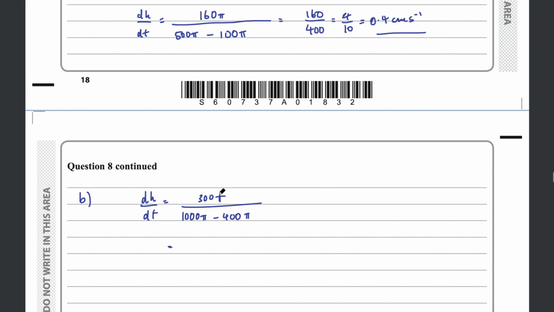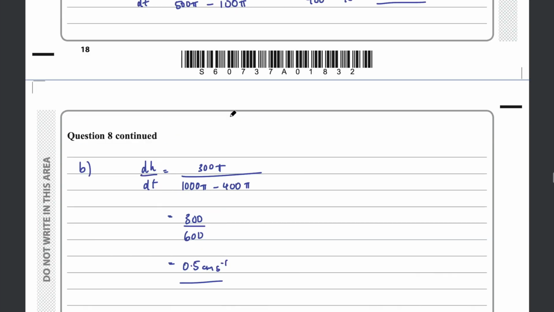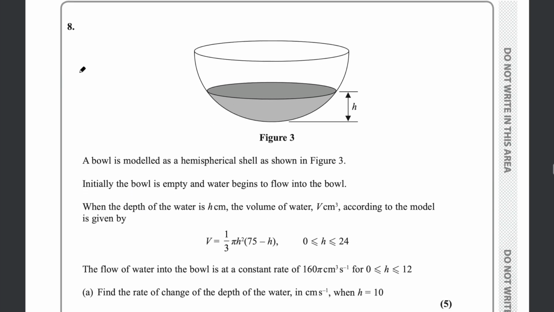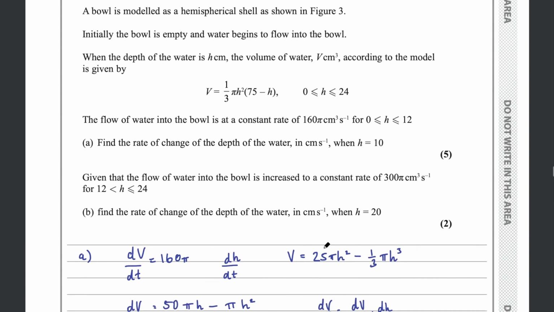And then we have 300 pi over 600 pi, or 300 over 600, again because those pi's cancel out, and that's obviously a half, so 0.5 centimeters squared per second for part B. Okay, so question 8, part A was 5 marks and part B was 2 marks.